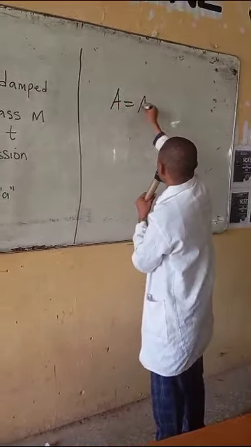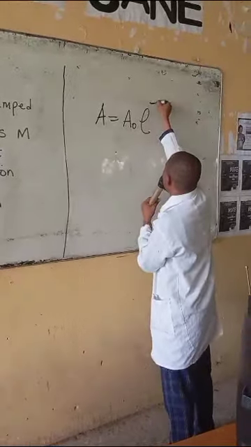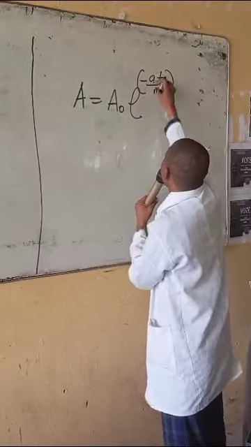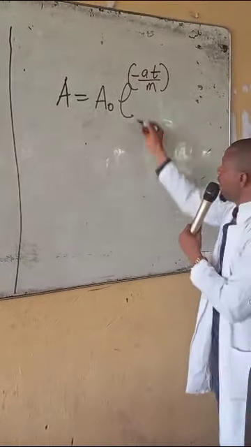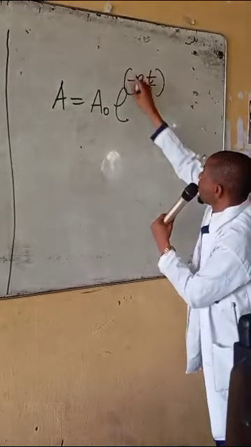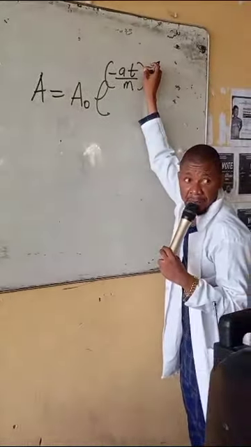So if that is the case, for me to solve this problem, A is equal to A0 exponential minus at over m. I want to get the dimension of a. So the exponential of this means that the whole of this is dimensionless, right?